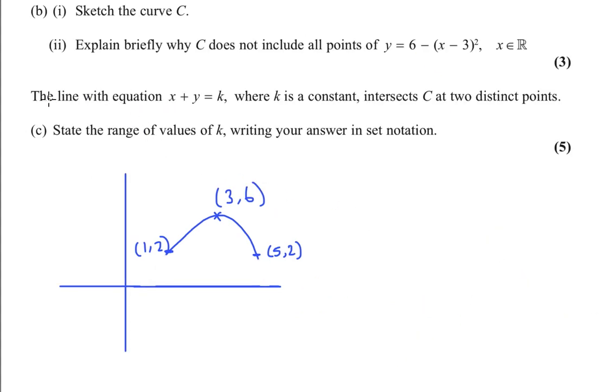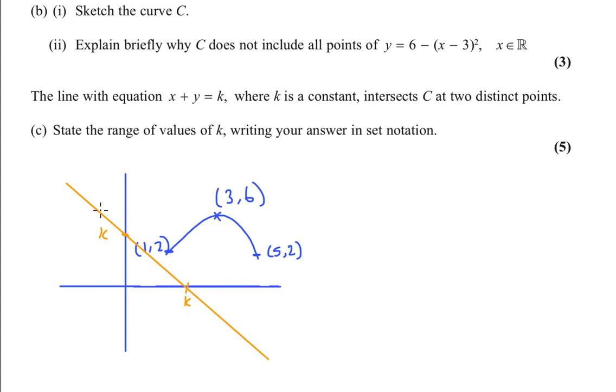Part C, it then says that we've got an equation of a line, x plus y equals k. X plus y equals k lines look like this, that have a gradient of negative 1, and their coordinates add up to the same value every time. So they're going to add up to whatever this k value is, depending on where that line is.